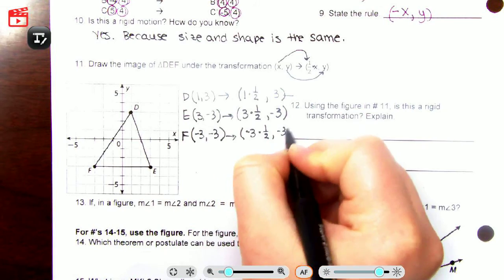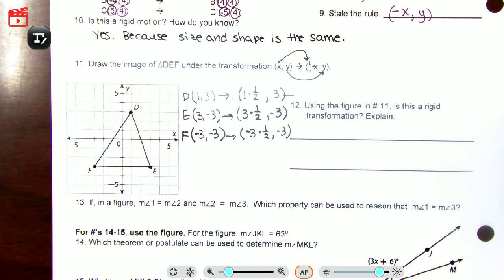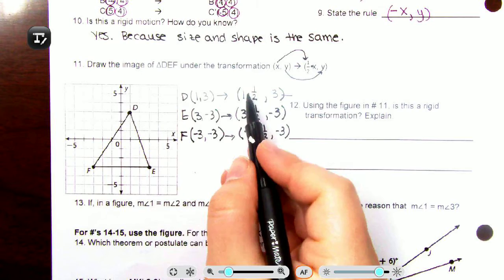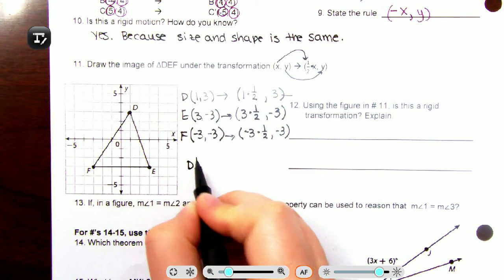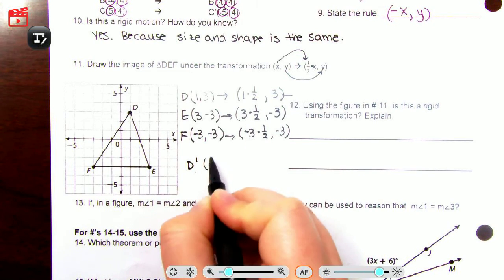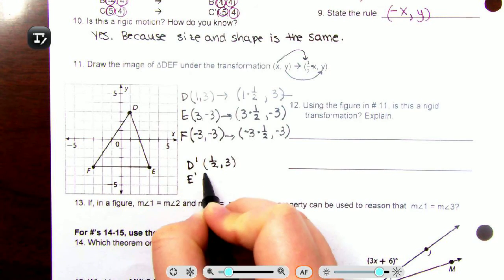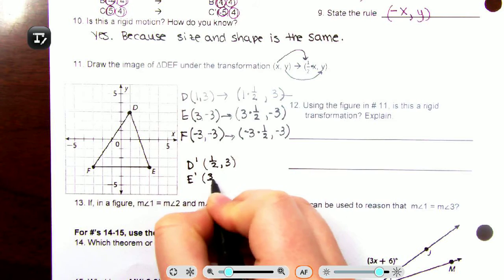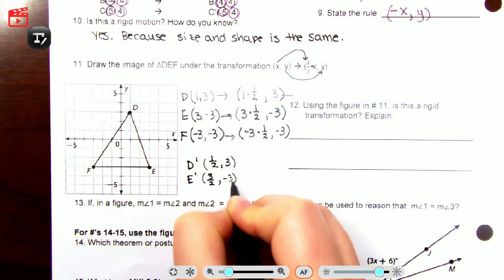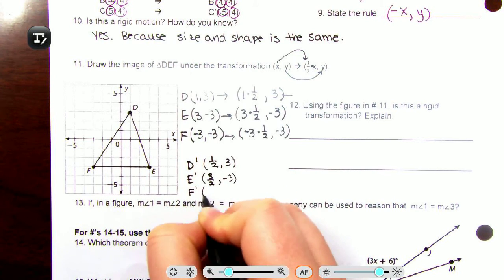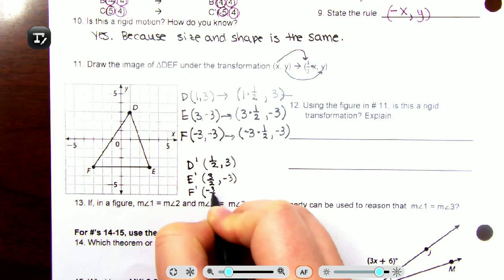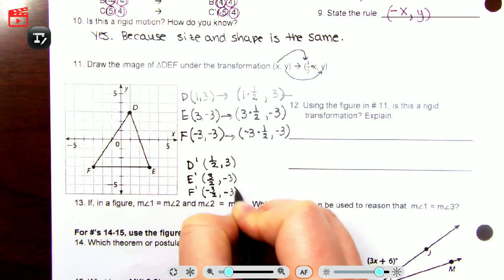Y stays the same. So again, our D prime is now 1/2, 3. Our E prime is now 3/2, negative 3. And our F prime is now negative 3/2, negative 3.